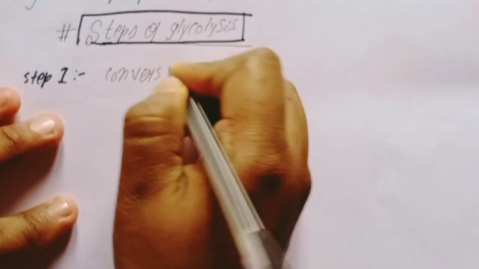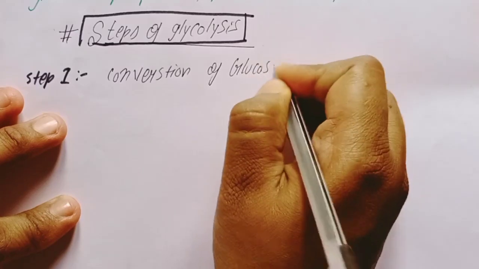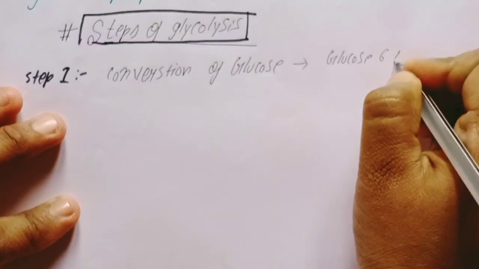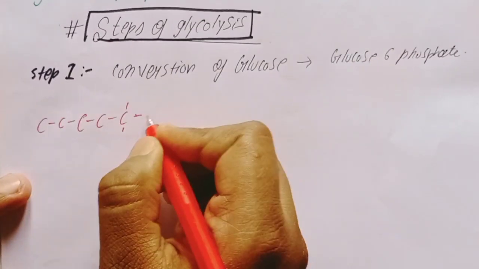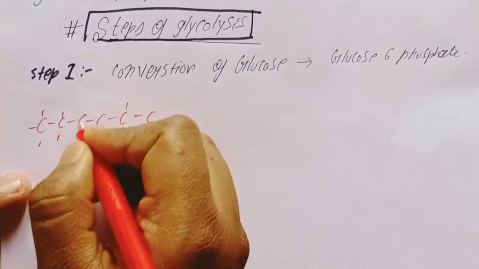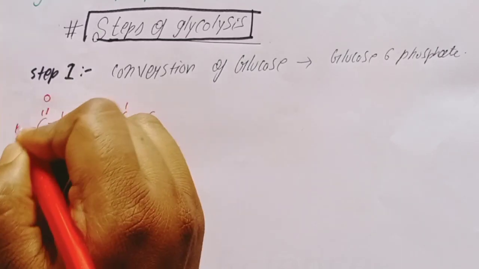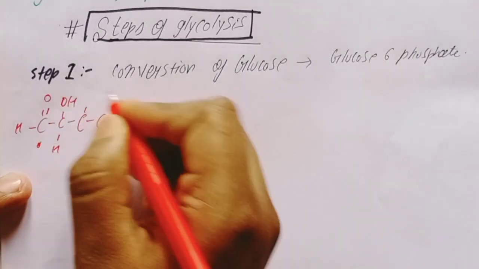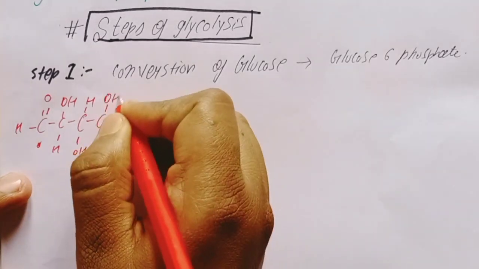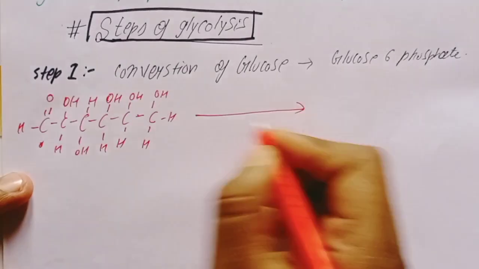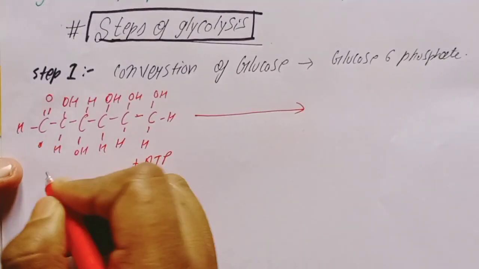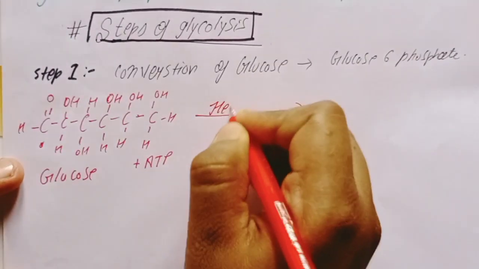So, steps of glycolysis. Glycolysis involves about 9 steps to complete the whole process. First step is called phosphorylation. Why? Because glucose is phosphorylated by ATP to form glucose 6 phosphate. This irreversible reaction is catalyzed by enzyme hexokinase.